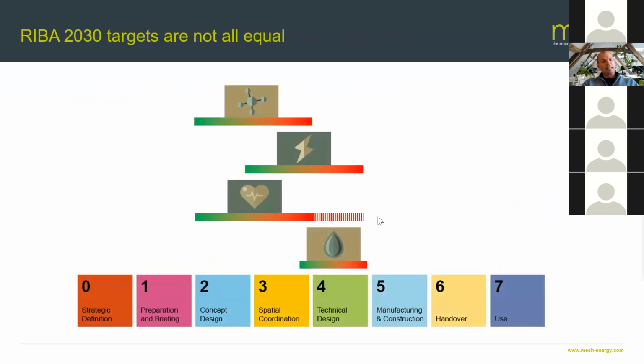The other thing to understand as you get into sustainable design, particularly if you focus on the RIBA 2030 framework, is that the elements like embodied carbon, operational energy, potable water, and the elements around health and well-being are not all equal.